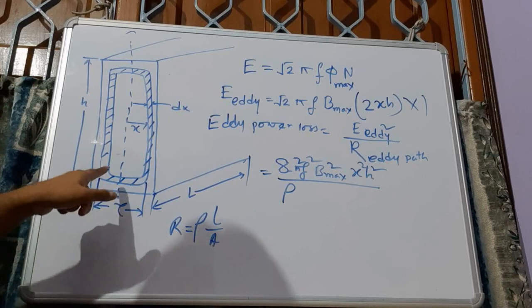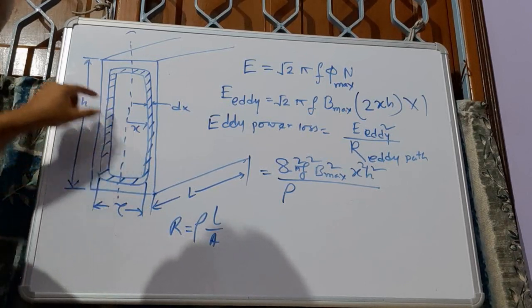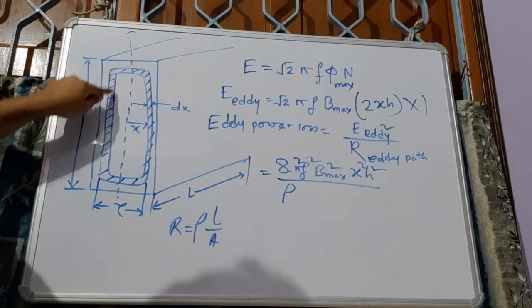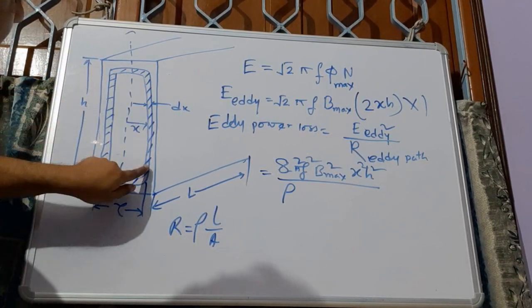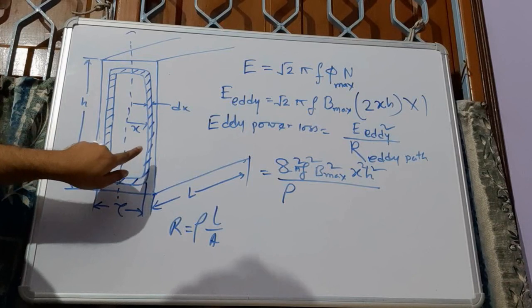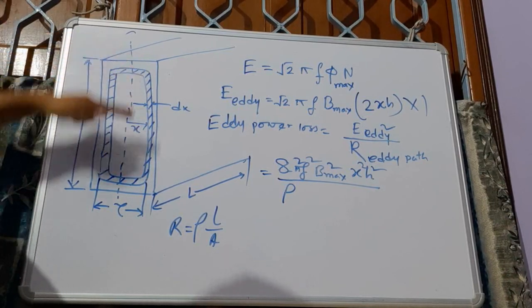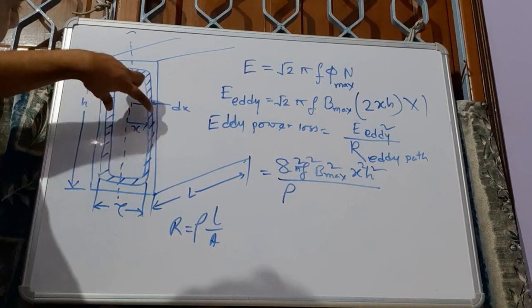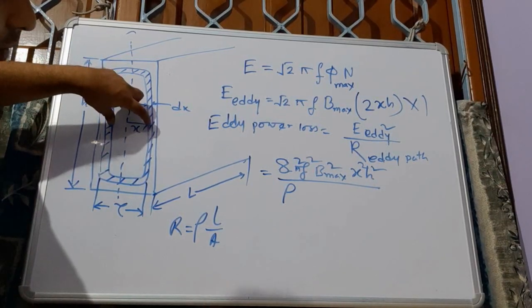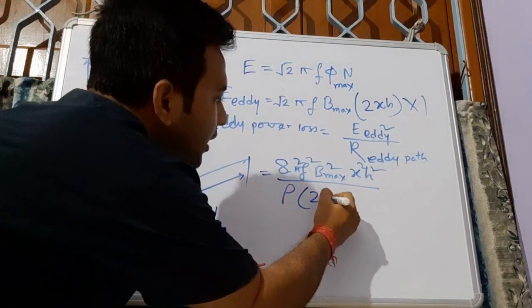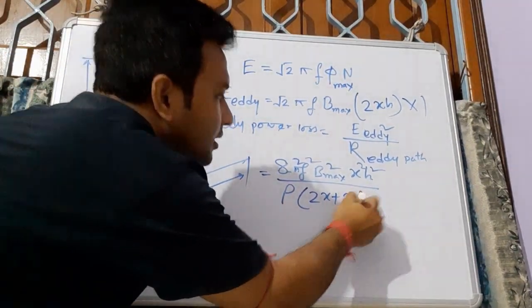See, this is your height, so this height plus this height is 2h, and this is your x, so the total width will be 2x, so L will be 2x plus 2h, right?